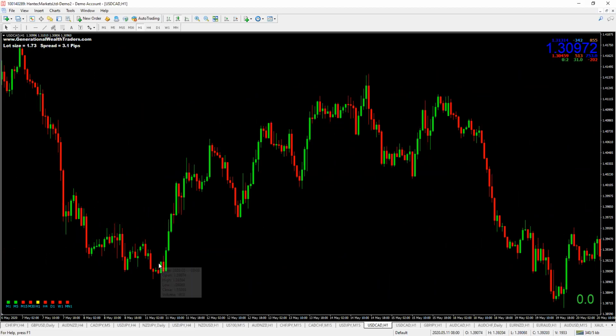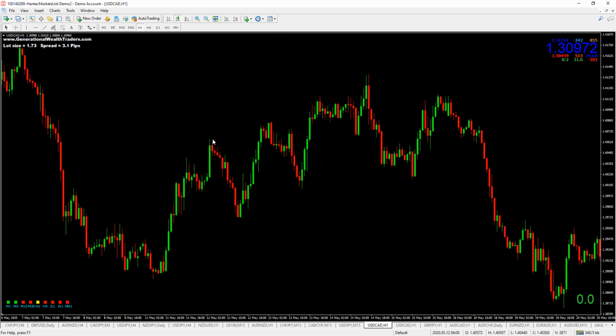So between here, anyone can tell you the price rose from here all the way there. But even in rising all the way there, it did not just go in a straight line. Instead, it went as a zigzag.